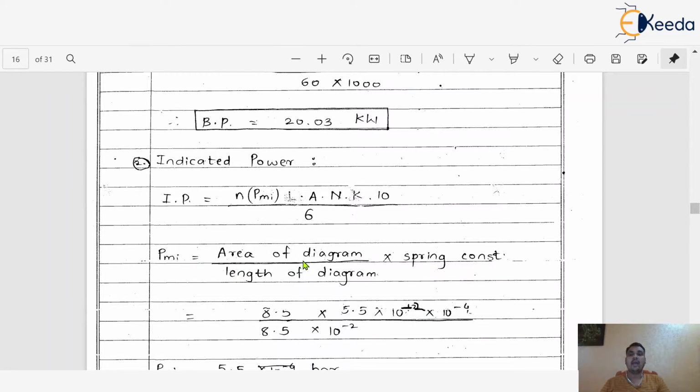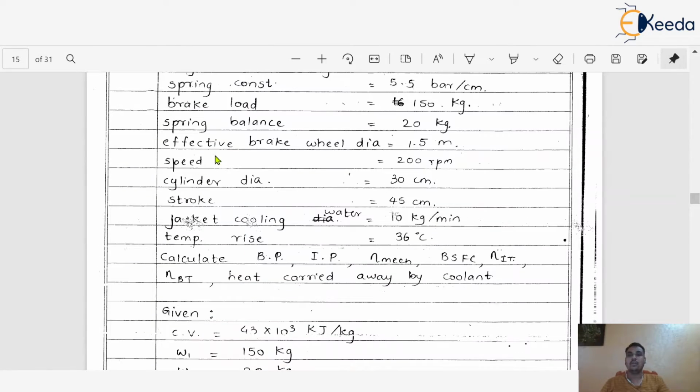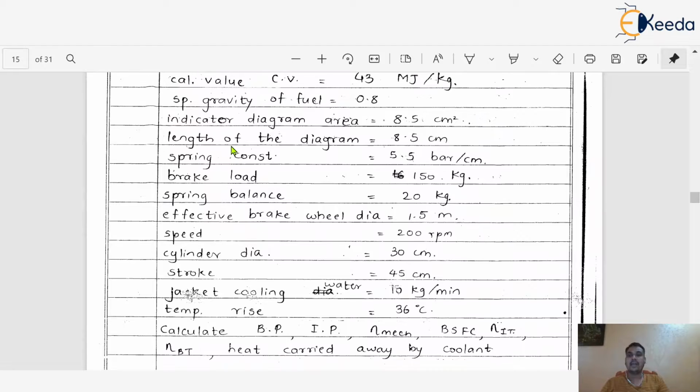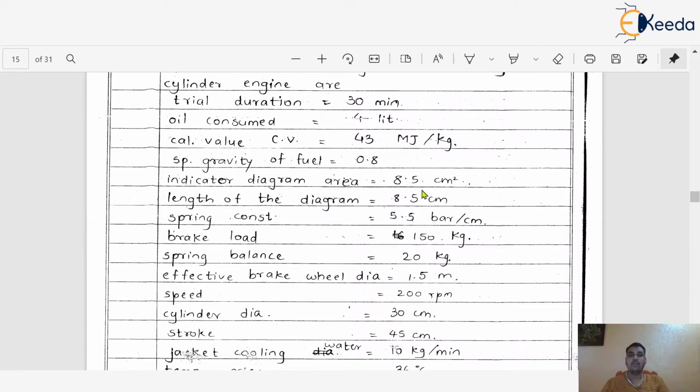We have the value of the area of the diagram, which is mentioned in the problem, that is 8.5 centimeter square, and the length of the diagram is also given, 8.5 centimeter, and the spring constant is given, 5.5 bar per centimeter.